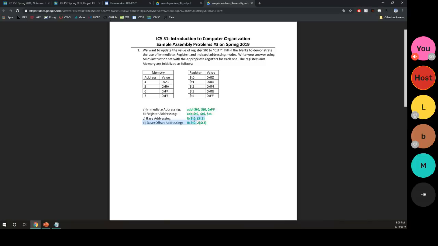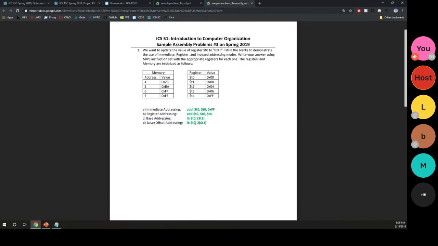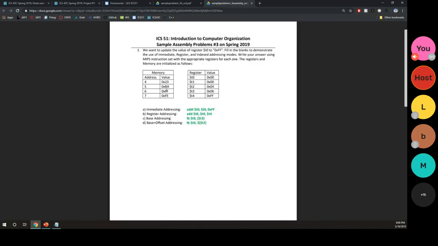Okay, sorry. The difference between base addressing and base plus offset addressing is that when you offset something, you have to put some sort of immediate number to the left of the parentheses, which increases the memory address, or decreases it if it's a negative number. So in T2 the value is 4, right? And we still want the FF.